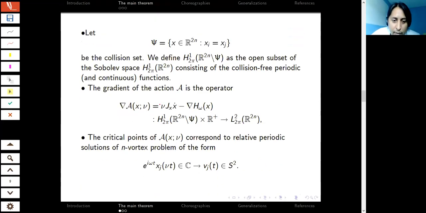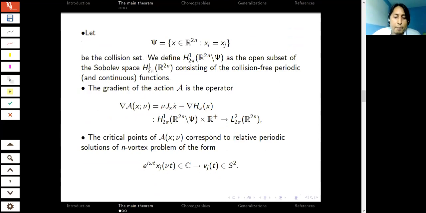So I have nu of that matrix J of x, x dot minus the gradient of h of omega. So this is kind of a simple way of writing the system. And this is just the gradient of the action. And this is well defined in this space. So this is a nonlinear map going from the Sobolev space of one derivative to no derivatives.